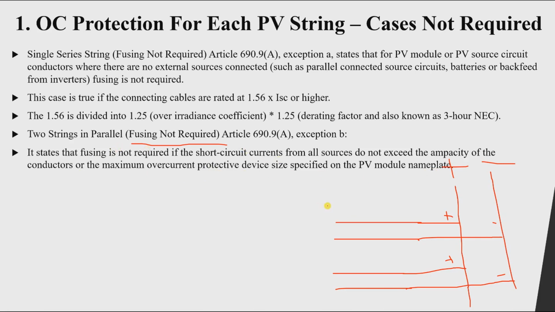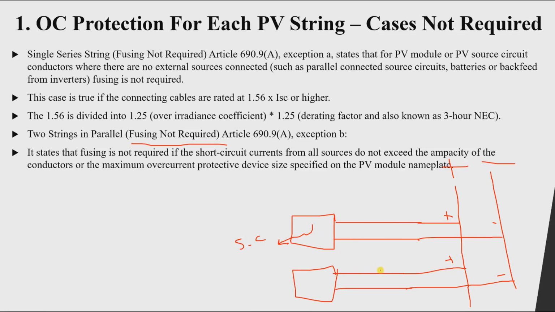Okay, so what does this even mean? As you can see, we have two parallel strings. Now let's say, for example, that here, okay, our panels. Let's say a short circuit occurred here. So what will happen here? This panel will not provide any current, right?